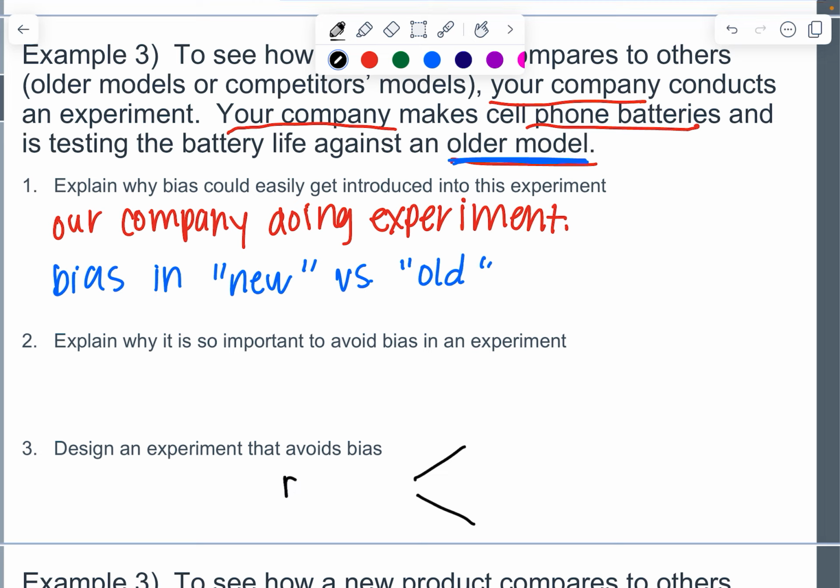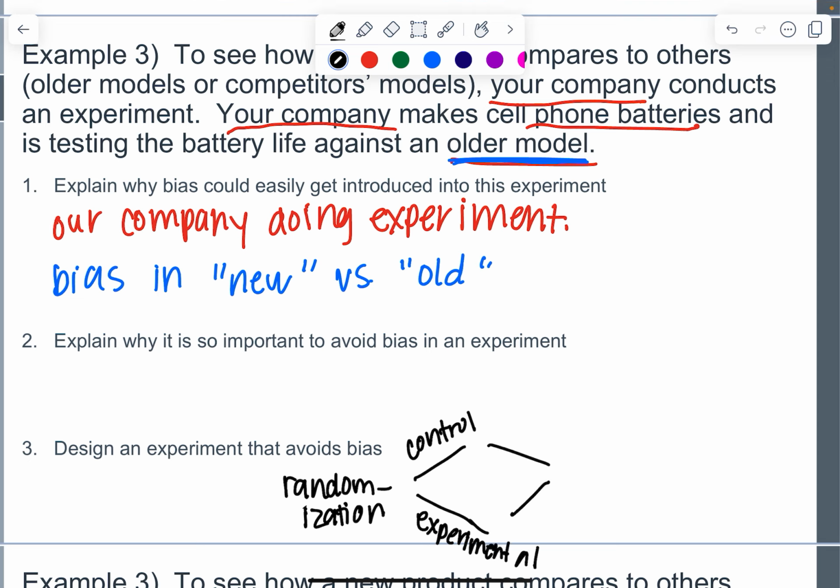So maybe we have a randomization of the batteries happening, and then we would definitely want a control group, which is just the older batteries, versus our experimental group, which is the new batteries.